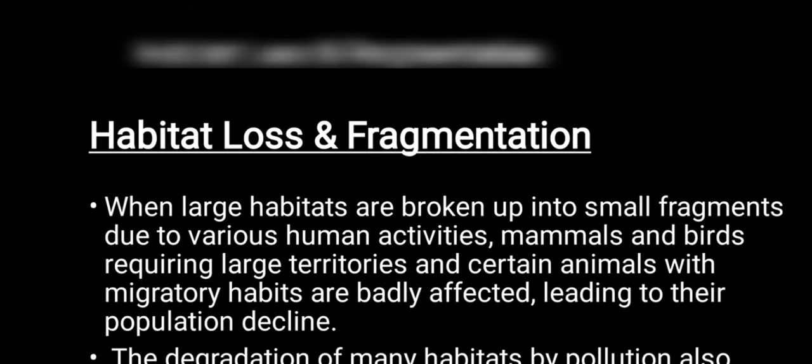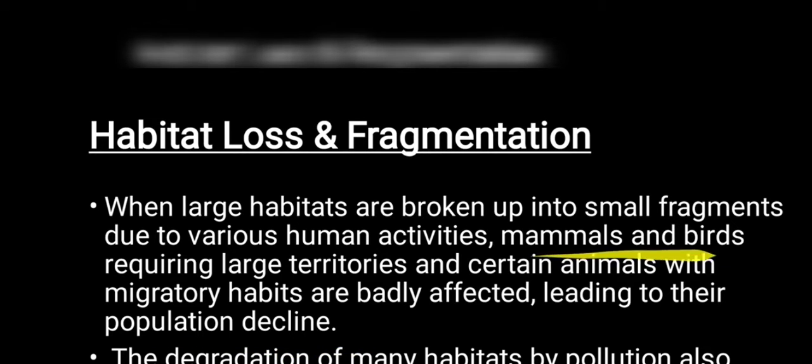When large habitats are broken into small fragments, that is fragmentation, due to various human activities, mammals and birds who require large territories or areas, and certain animals who have migratory habits, are badly affected, leading to their population decline.